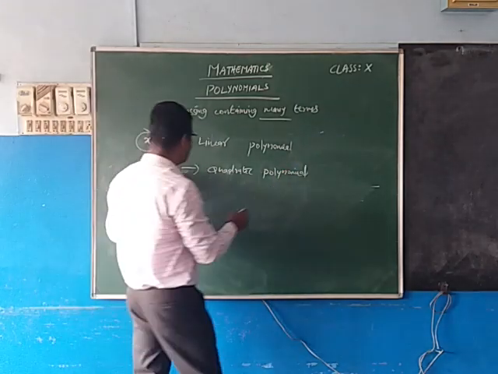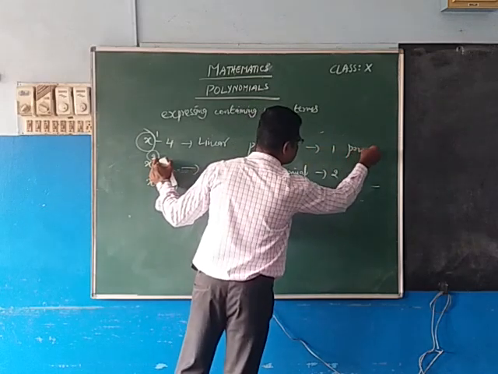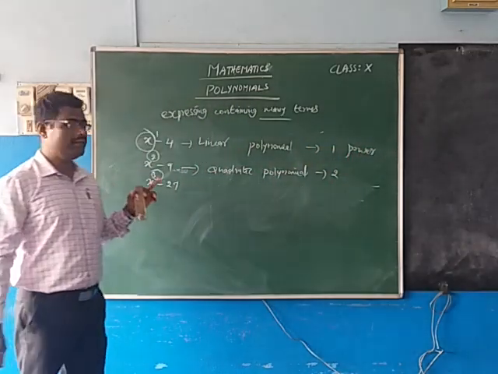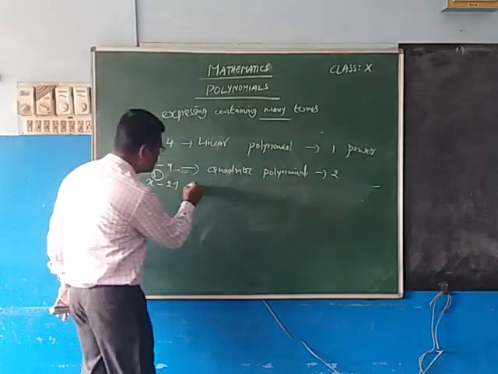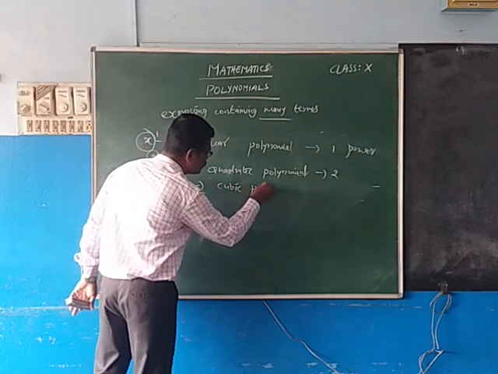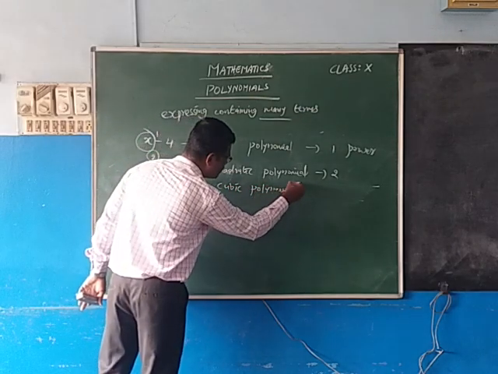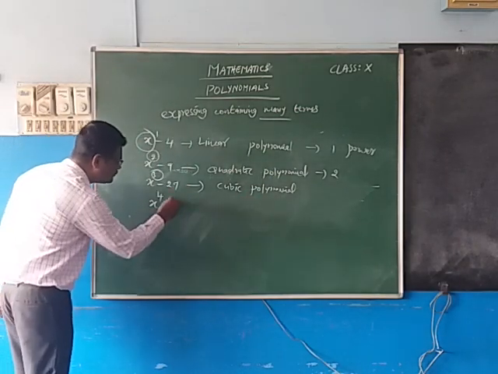Quadratic means power 2, linear means power 1. An expression containing a variable of degree 3 is called a cubic polynomial. Suppose an expression contains power 4.